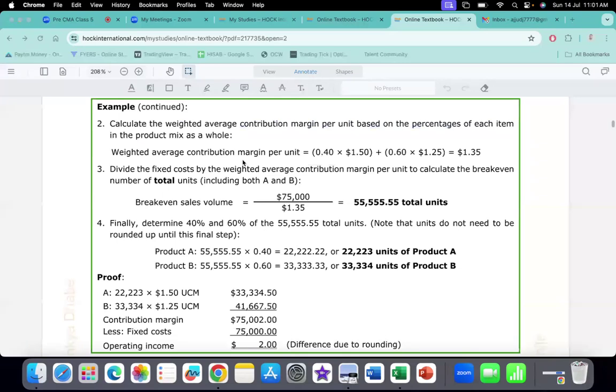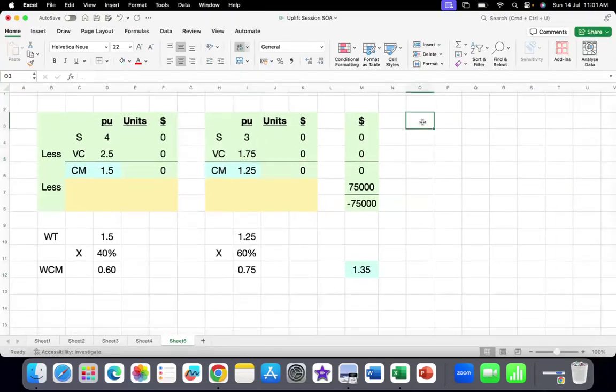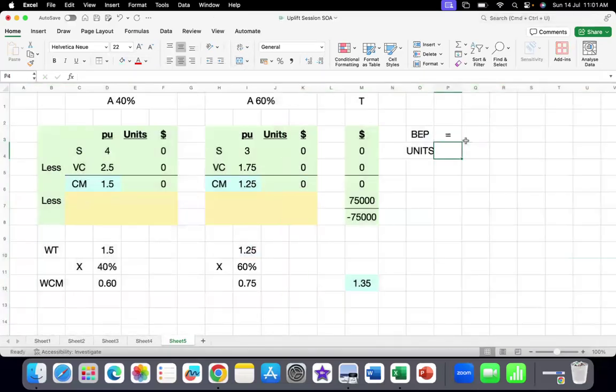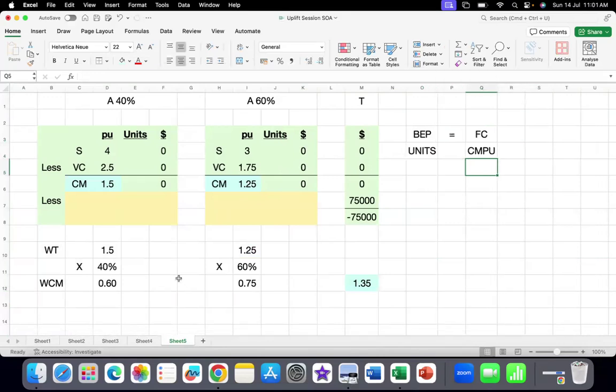The formula for the break-even point still remains the same: break-even point in units is equal to your fixed cost divided by contribution margin per unit. But instead of using the individual contribution margin, you're going to use the weighted contribution margin now.